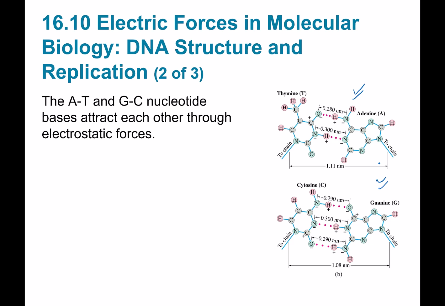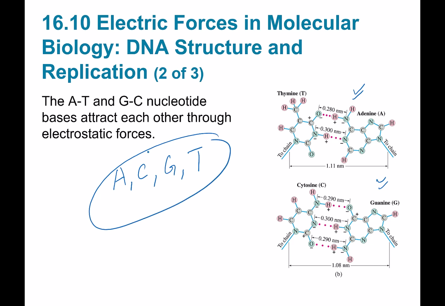So there are actually four types of nucleotide bases in DNA: adenine, cytosine, guanine, and thymine. So A, C, G, and T. Some of the biology students may already be well versed with this, and it's an interesting topic.